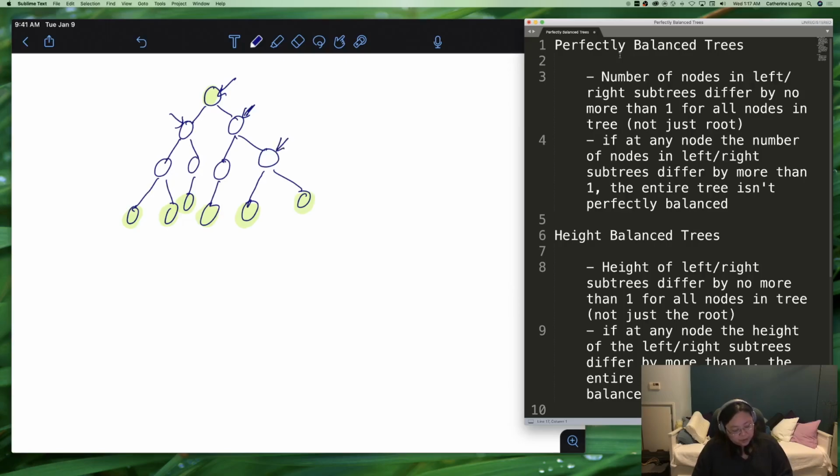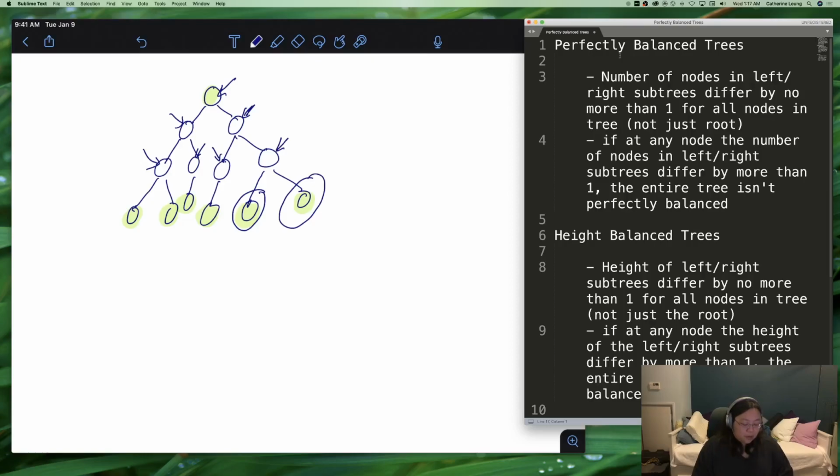Over here, 1 on the left, 1 on the right, so the difference is 0, so we're fine. This one is 1 on the left, 0 on the right, so we're okay. Over here, 1 on the left, 1 on the right, so we're okay. And finally, this one is 1 on the left, 0 on the right, so we're still okay. So there can be a difference, but it cannot be more than 1.